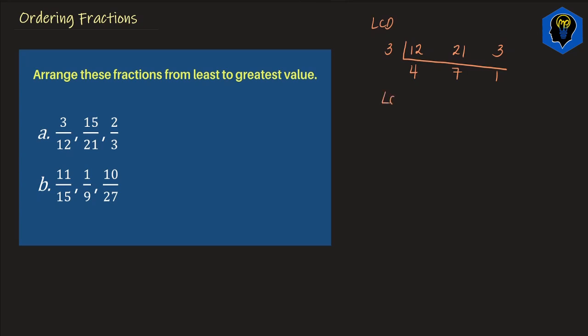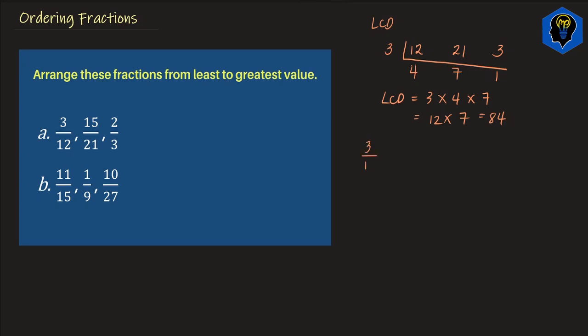And to get the LCD, simply you multiply everything. So 3 times 4 times 7. So this will be 12 times 7. And that would be equivalent to 84. So their LCD is 84. Ngayon, ko-convert na natin.